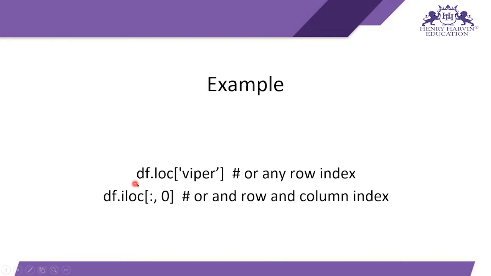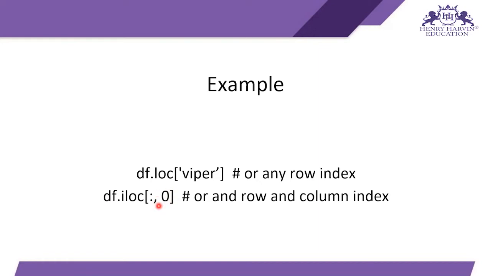When you write df.loc in square brackets and type viper in single quotes, the whole row where the viper index is marked will get displayed. And if you want to access the first column, just type the df.iloc method in square brackets, where the first part is for the rows, starting to ending, all the rows in the data frame.